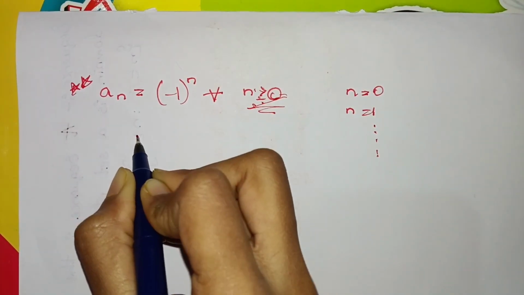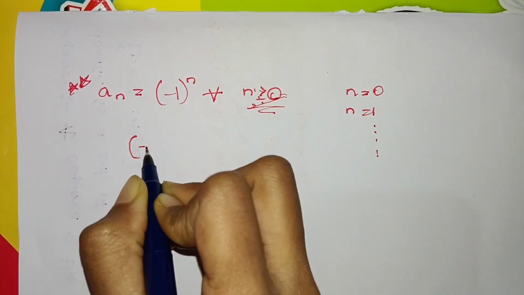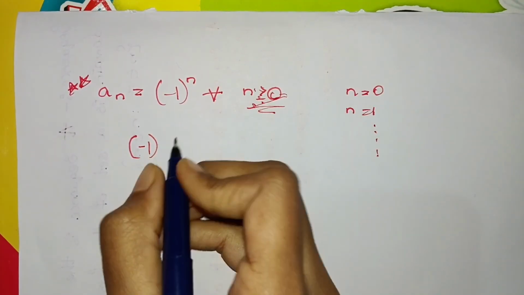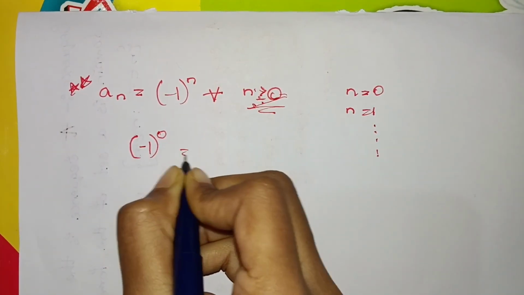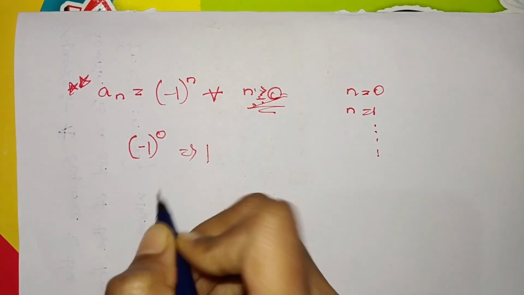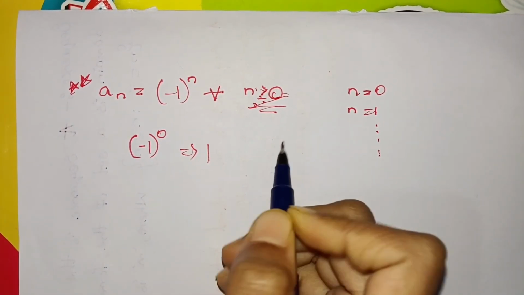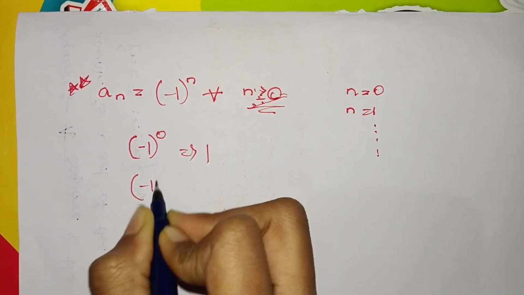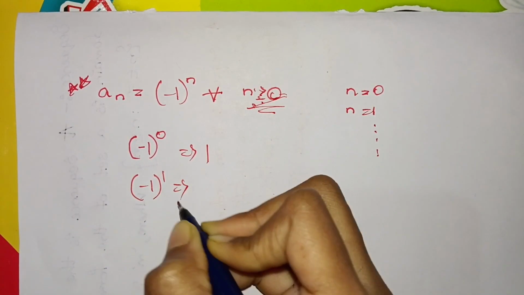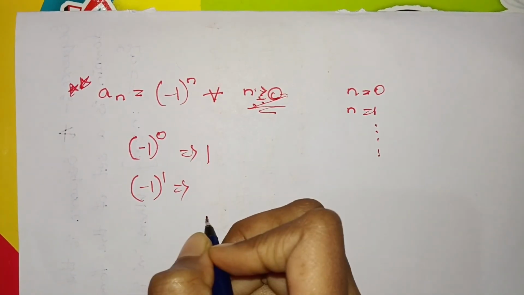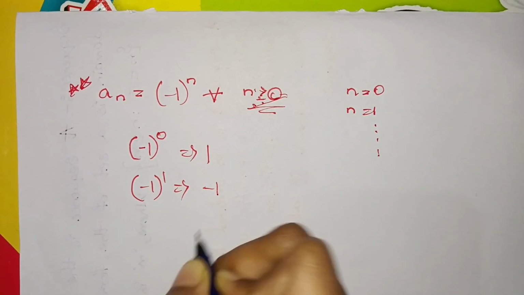So firstly we need to substitute 0 in the power n. If we substitute 0, something to the power 0 is always 1. Remember this. This is very important. And we need to substitute the next value, which is 1. If we substitute 1, minus 1 to the power 1 is minus 1 only.